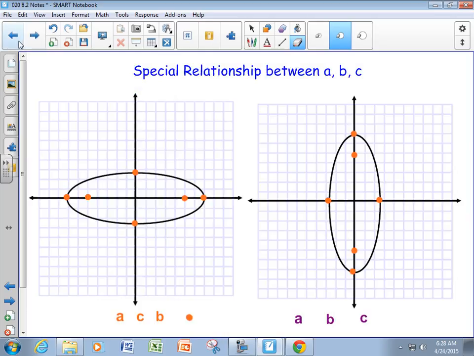All right, so we talked about A and B, and that helps us get the vertices and the co-vertices. But what we didn't talk about is how do we know where exactly to put the foci, if those are some key important points of the ellipse.